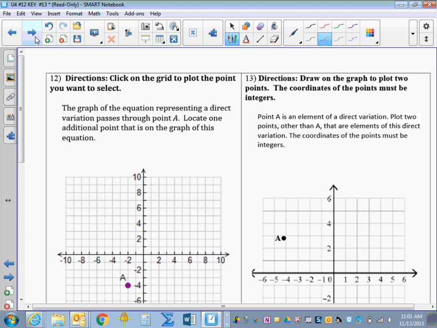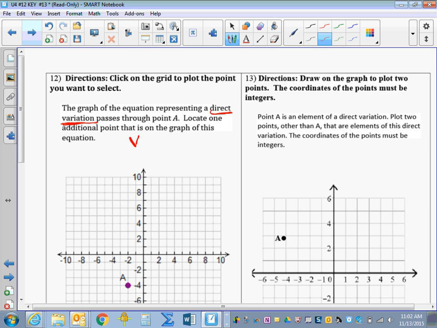It says the graph of the equation representing the direct variation passes through point A. Locate one additional point that is on the graph of this equation. Alright guys, this is actually super easy. Don't let the fact that there's a lot of information throw you off. First of all, we see the words direct variation. When I see direct variation, what is my equation?